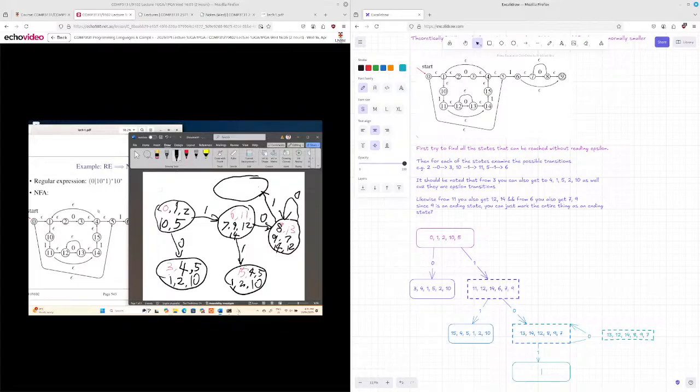So from 13 you can't get anywhere, from 14 you get to 15, from 12 you can't get anywhere, from 8 you can't get anywhere, from 9 you can't get anywhere, from 7 you can't. So 15, wow, this is the same as this.